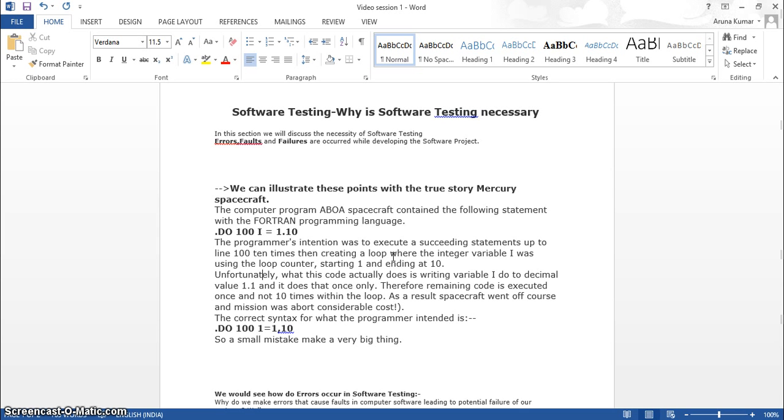However, when the code was written, what happened by this statement was that the value of I became 1.1. Okay. And it did it only once. Therefore, the remaining code was executed only once and not 10 times as the programmer intended to do.